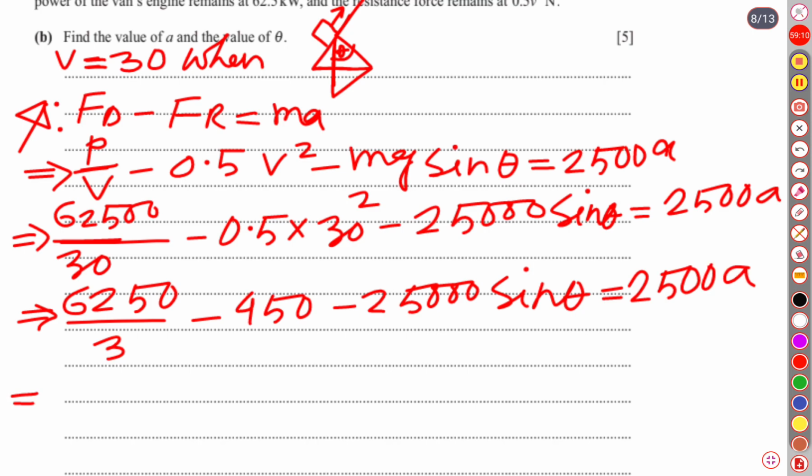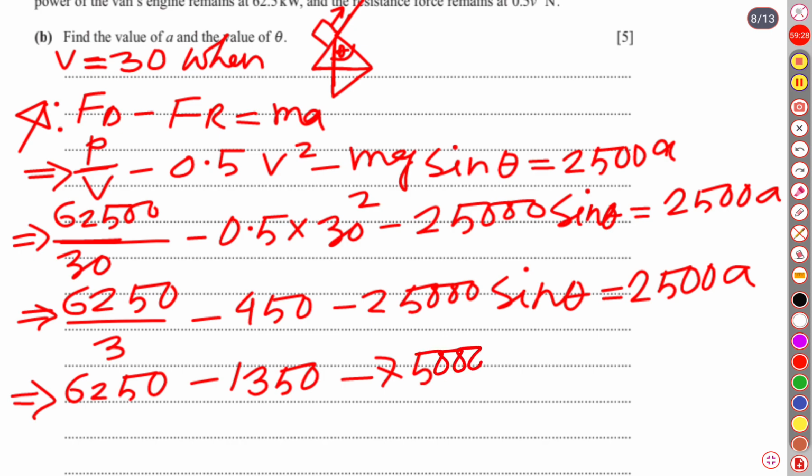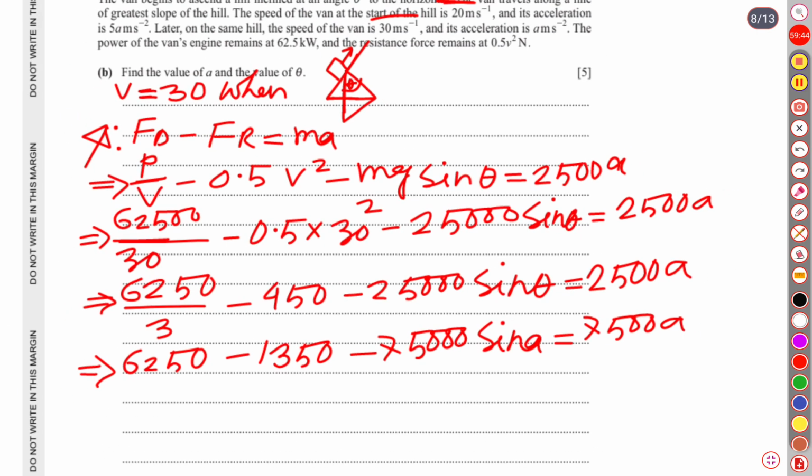Now if we multiply every quantity by 3, it is going to be 6250 minus 1350 minus 75,000 sine alpha is equal to 7500 alpha. Now if we isolate sine alpha, what is it going to be?